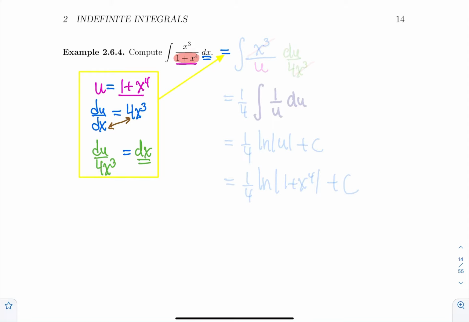So I get the integral of x cubed, untouched for now, 1 plus x to the 4 is simplified to u, and dx is replaced by our computation, du over 4x cubed. Now you try to simplify. And this is more typical: normally the simplification is not pure, but it's good enough so that you get rid of all your x's.